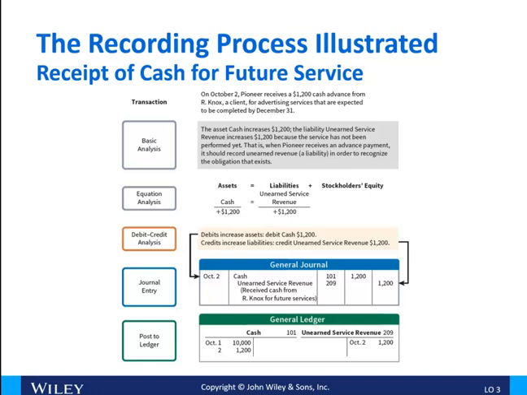Unearned service revenue is the exception. There may be a couple others, but that's the biggest one. It doesn't have a payable in it. It has the word revenue, so you think it might be a revenue account, but it's unearned, so it's a liability. And again, we'll see that account later, especially when we talk about adjusting entries in a couple chapters.